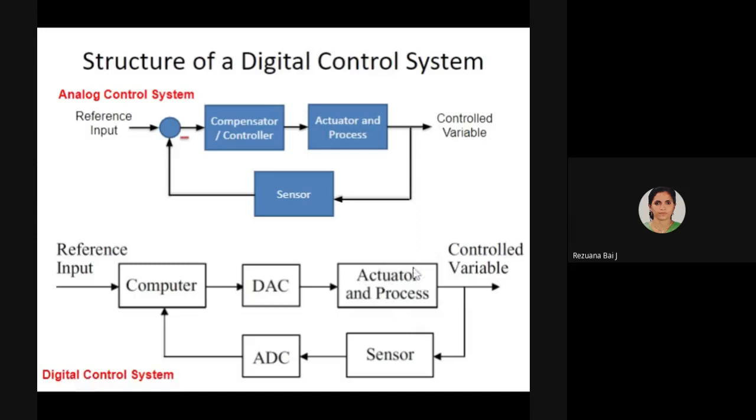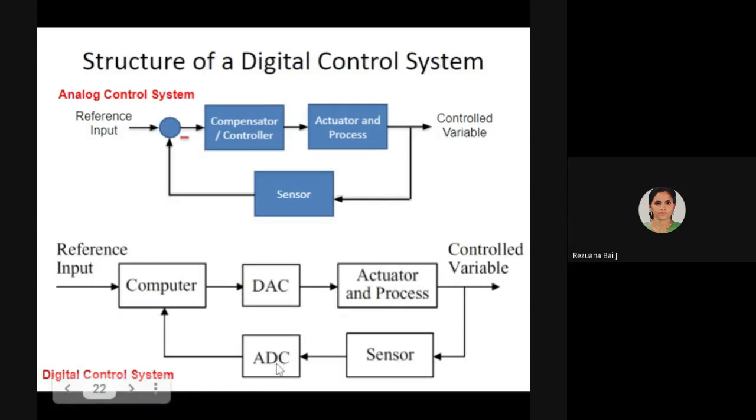So the analog output is to be processed digitally. That is what we are doing in digital control. The controller and the process should speak the same language. If the computer understands only machine codes, that is binary, only digital values, then make the sensor output also digital.